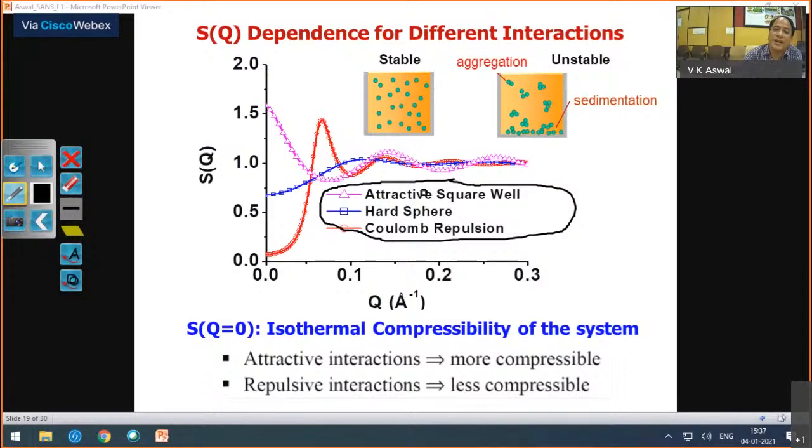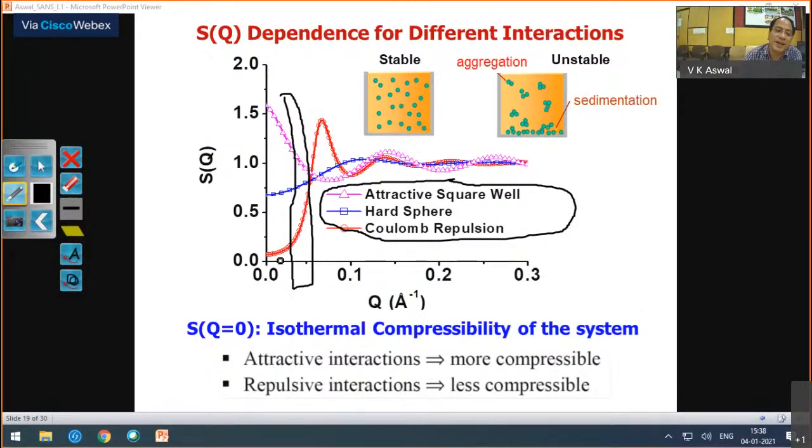And you can differentiate this for your system, particularly from the low Q behavior. If you see the behavior in the low Q region here, your structure factor has a very different profile. Particularly, the contribution of structure factor at Q equal to 0 is the isothermal compressibility of the system.